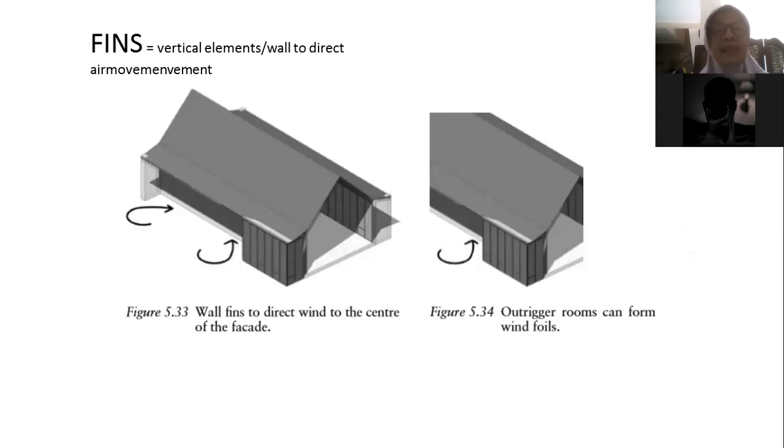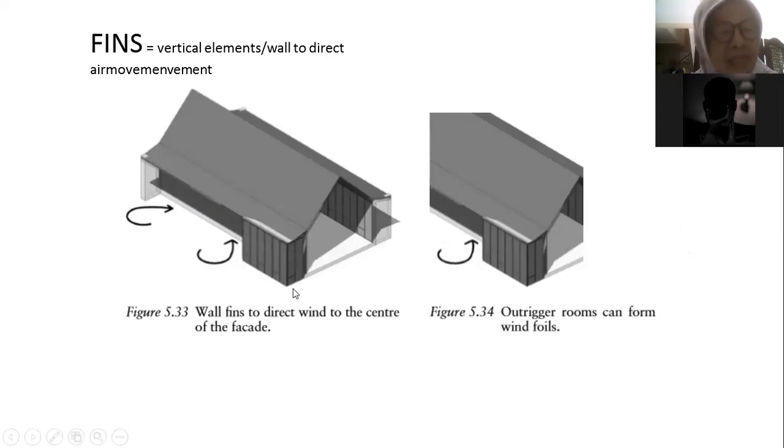So now the vertical element. The role of the vertical element or wall or fence can direct the air movement. If we design like this, that is the opening, and here the fin.